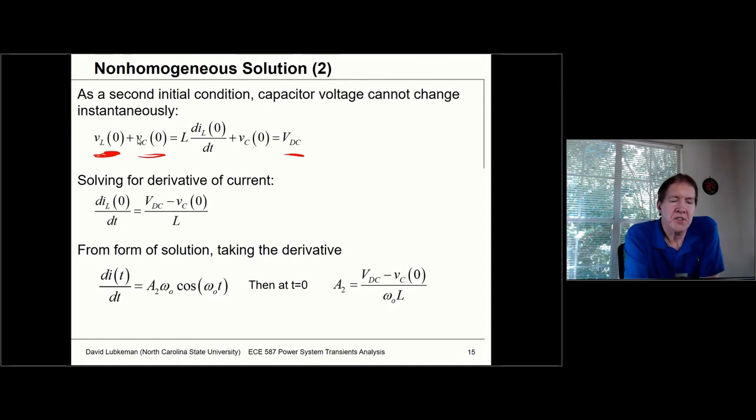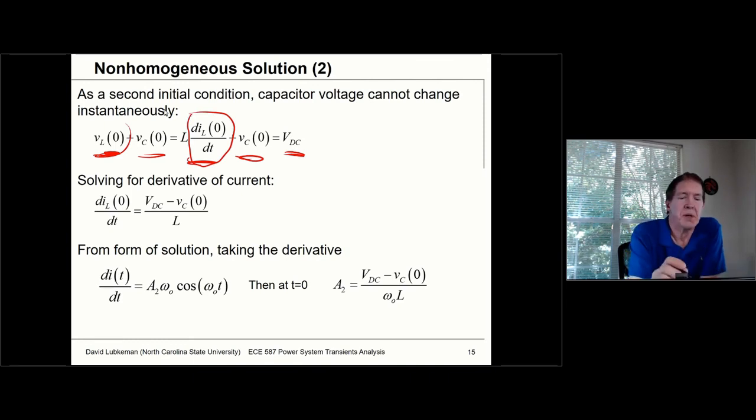We also know that the voltage across the inductor at time equals 0 is L di/dt at time equals 0. We can substitute that into this equation, and that plus the capacitor voltage is equal to VDC. Now we can use this to solve for the derivative of the current at time equals 0, and you'll see why we need this in just a little bit.